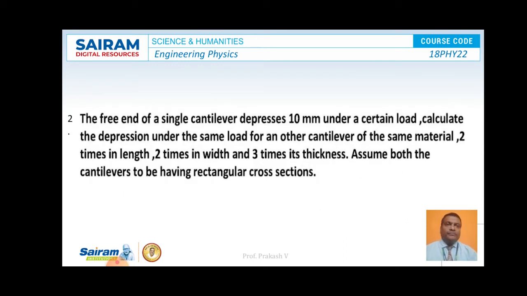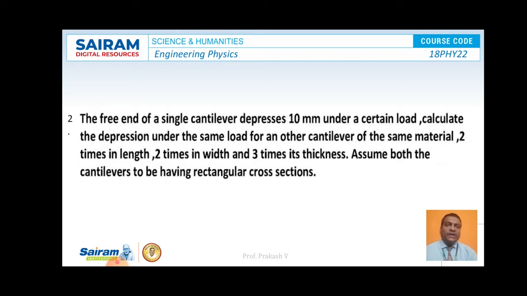Second problem. The free end of a single cantilever depresses 10 millimeter under a certain load. Calculate the depression under the same load for another cantilever of the same material, 2 times in its length, 2 times in its width, and 3 times in its thickness.